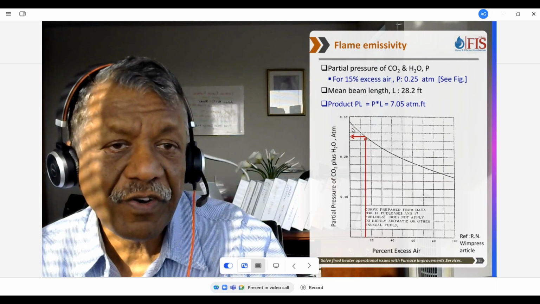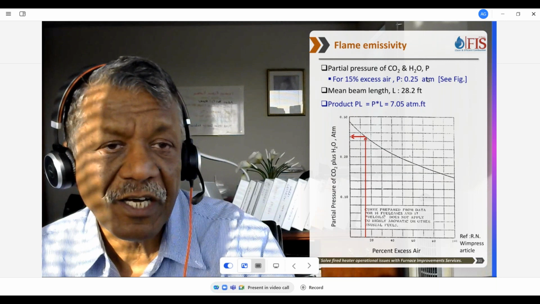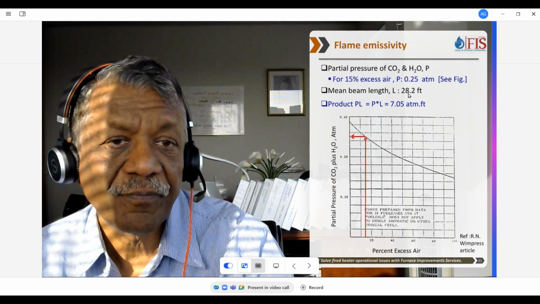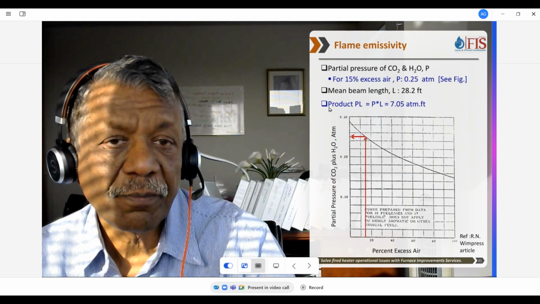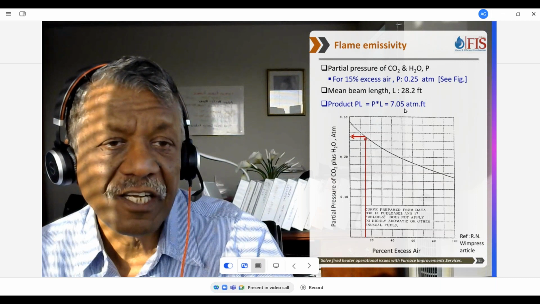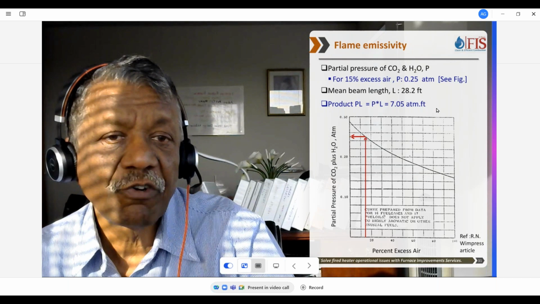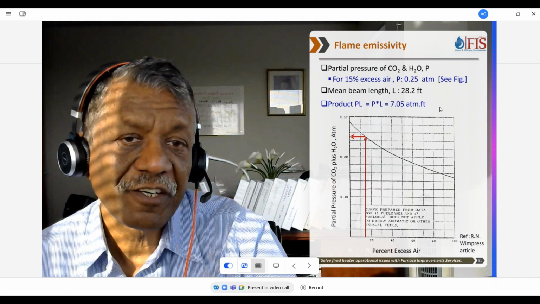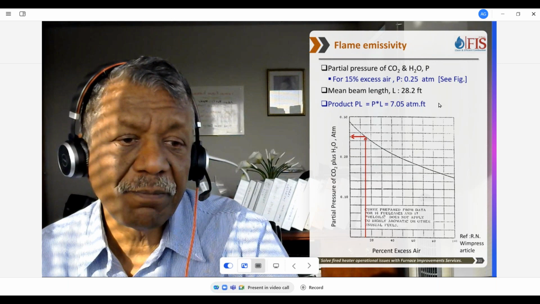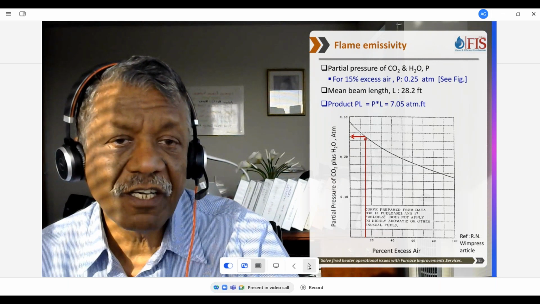So 0.25 atmospheres is the partial pressure. Mean beam length is 28.2. So the product P into L is 7 atmosphere feet. So this is the number which we use for calculating our exchange factor. So we take this PL and then we calculate the flame emissivity.